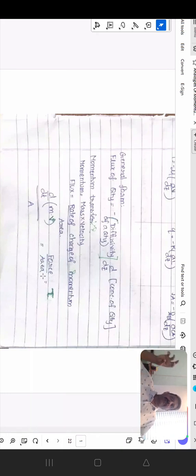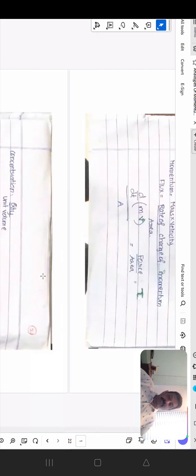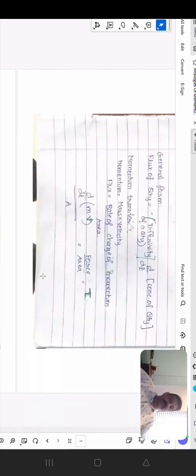Heat flux is the rate of change of heat energy per unit area; similarly this is the rate of change of momentum per unit area. So rate of change of momentum can be written as d by dt of m into v, product of mass and velocity, divided by area. And we know that shear stress tau is equal to force by area. So remember this.